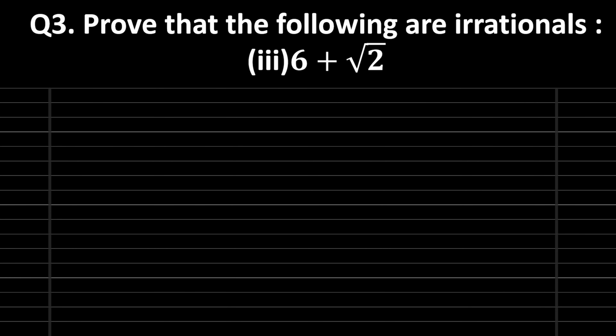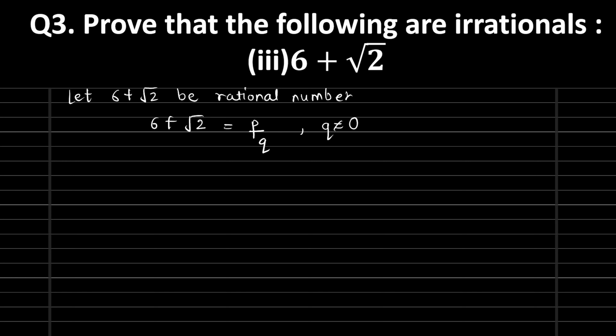Now this is the third subpart of question number 3. 6 plus root 2. Here we have to prove that 6 plus root 2 is irrational. So again we will follow the same procedure. We will write down let 6 plus root 2 be a rational number, which implies that we can write it in the form of 6 plus root 2 is equal to p upon q, where q is not equal to 0.